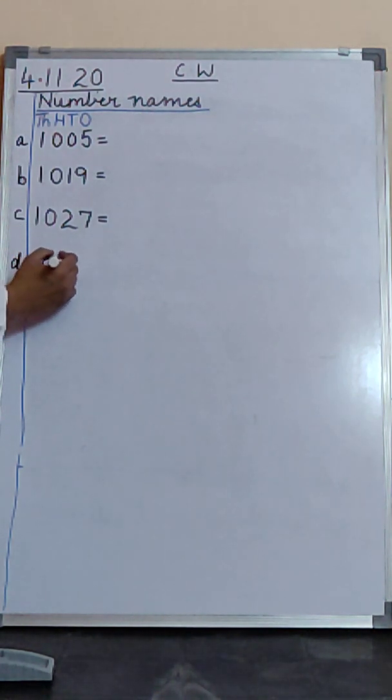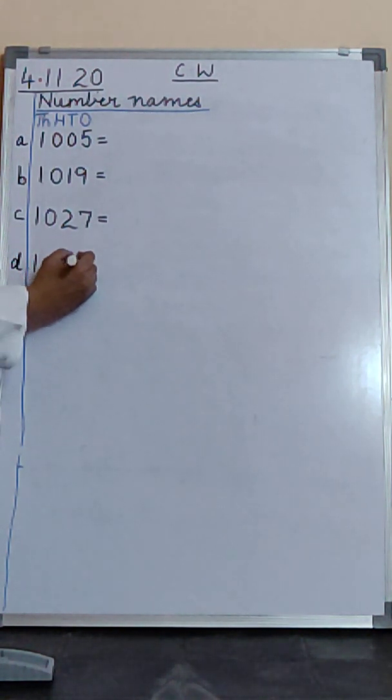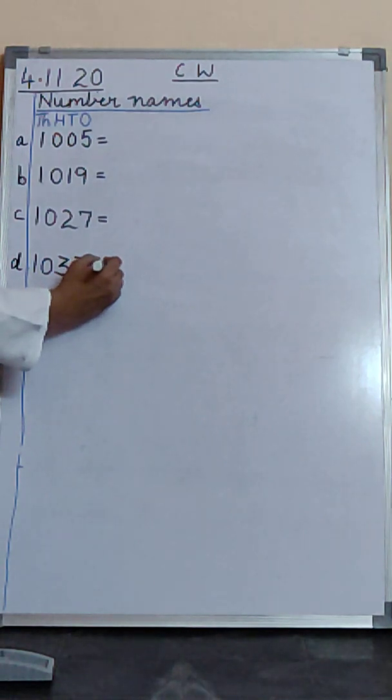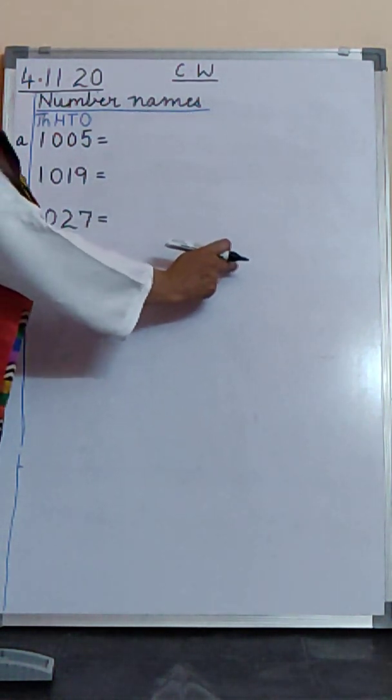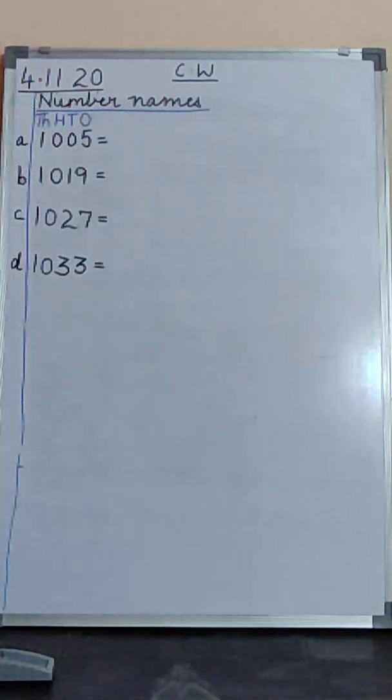Alright, then you write 1033. How will you write again? 1033. Make sure you write the spelling correctly, especially of 30.